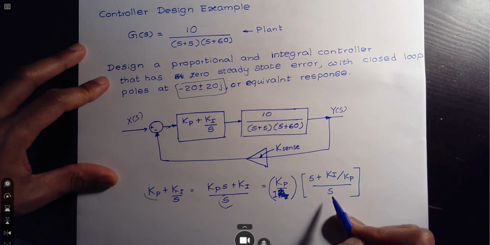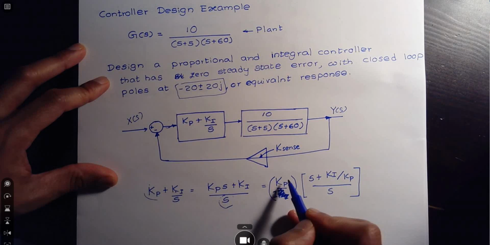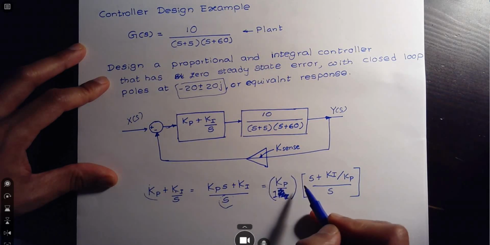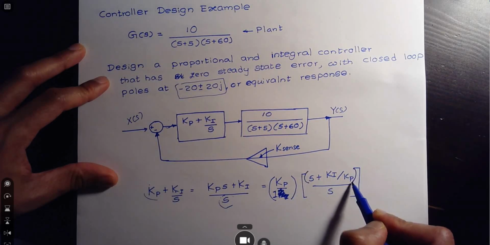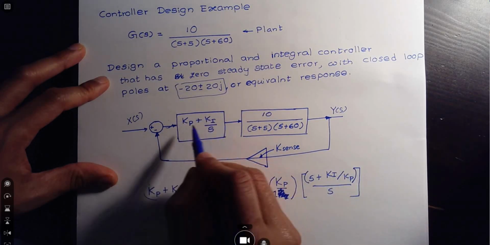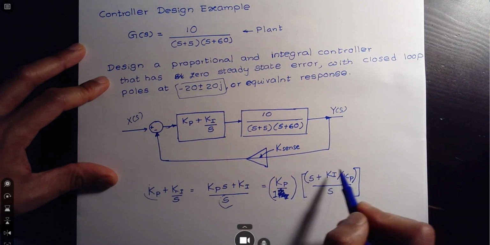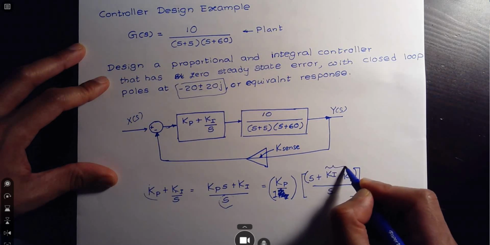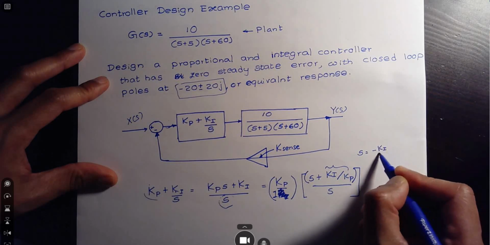Okay, all right. And then when we simplify this to a gain, which is Kp, a constant, times this is a 0. Okay, this is a 0 in the numerator, so therefore this is a 0. And that's governed by the location s equals negative Ki over Kp.